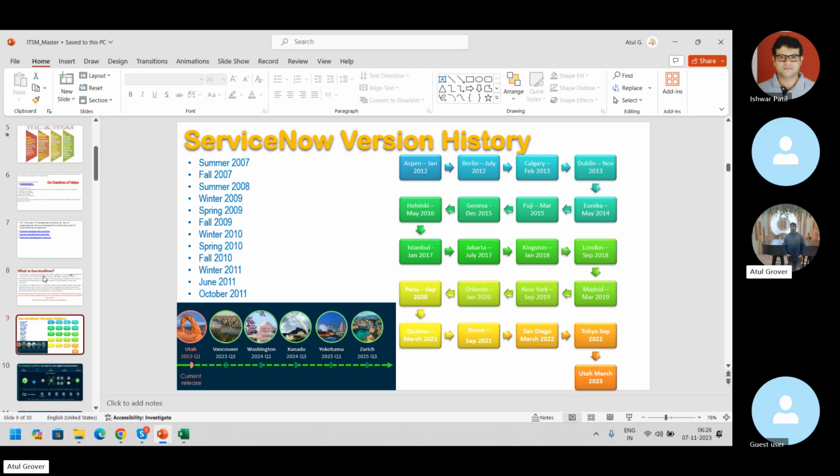If you see, from 2007 they started releasing it. Earlier, till 2011, it was named after the seasons: summer, fall, winter, spring. But then they said, no, it is tough to remember. Then they picked names alphabetically.